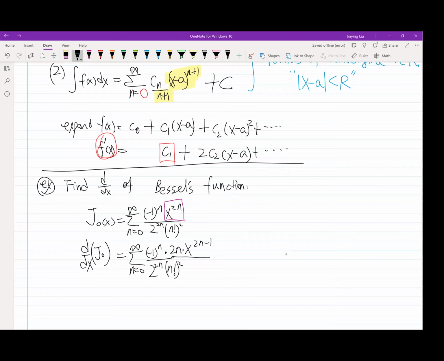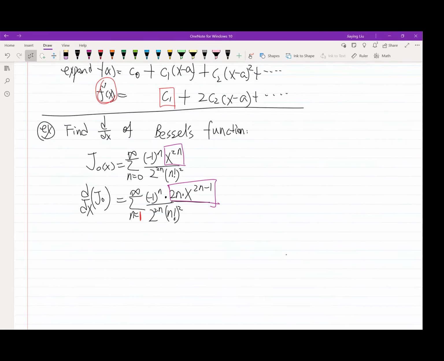And obviously I'm making a mistake here, because remember that in the derivative, the constant begins with c1, not c0, so n goes from 1 to infinity, not 0 to infinity. And the only thing that's different is this part. We just take the derivative of 2n, x to the 2n. Any questions on this?